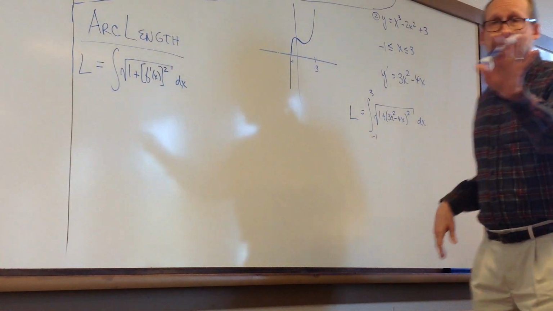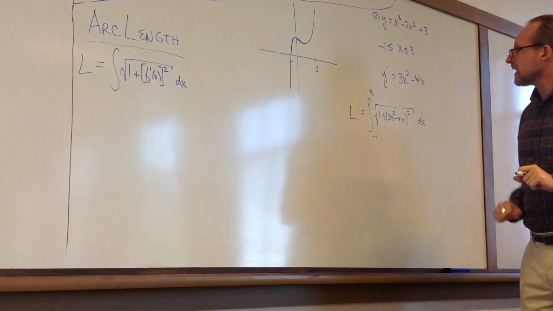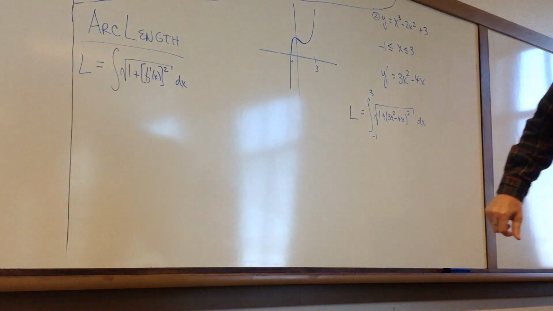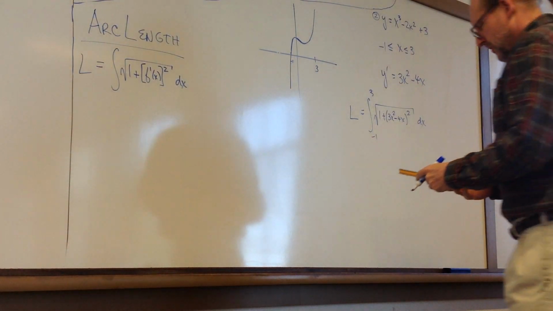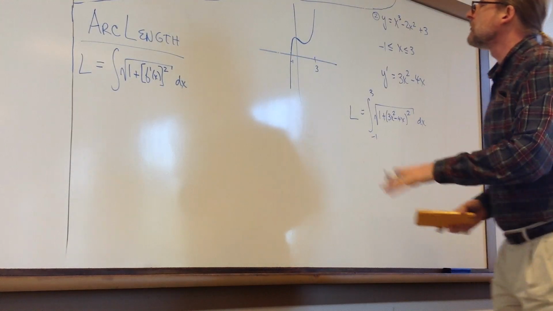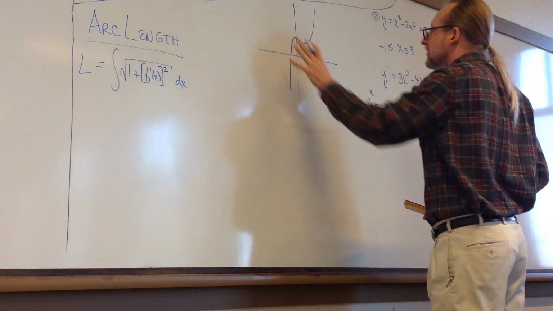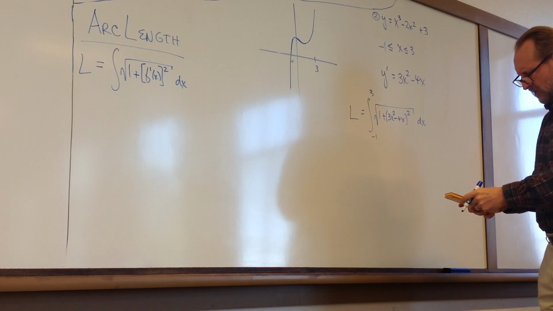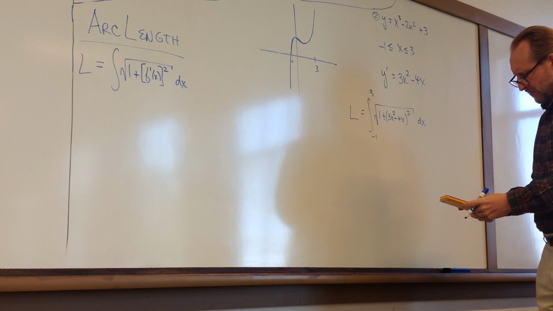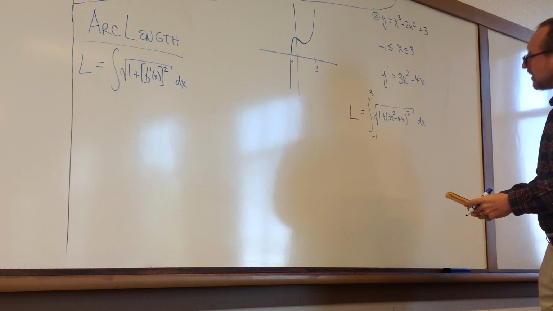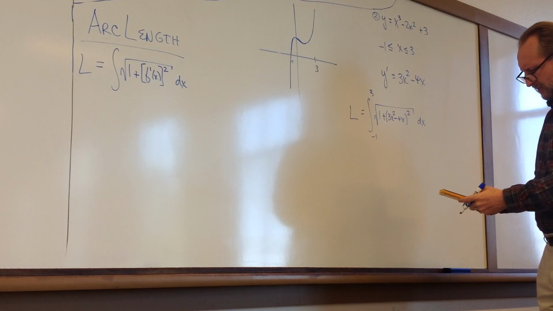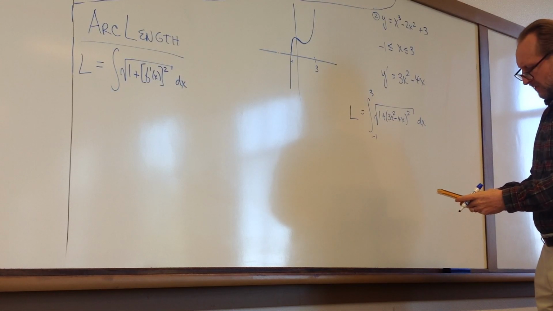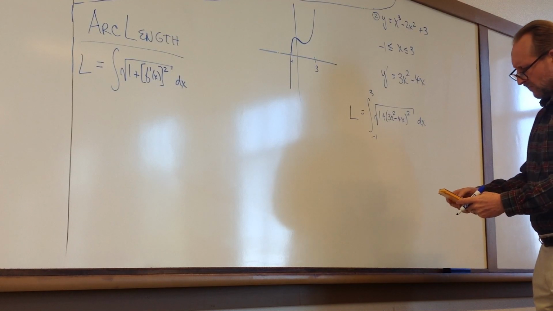Now, to use the graphing calculator to calculate a value for this, what we want to do is go in. I was just using it to graph the actual function itself, so I'm going to erase that, and in its place I'm going to put square root of 1 plus parentheses 3x squared minus 4x close parentheses all squared.